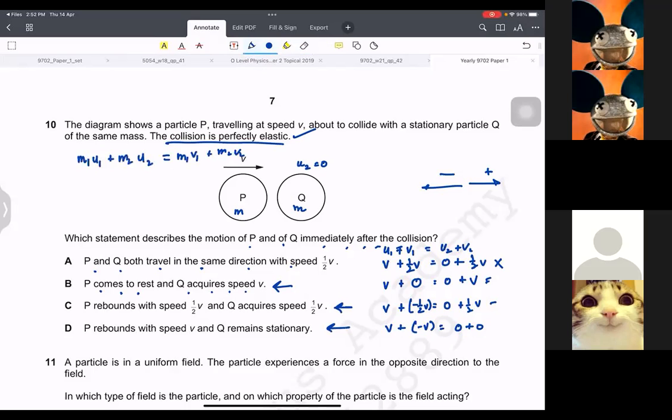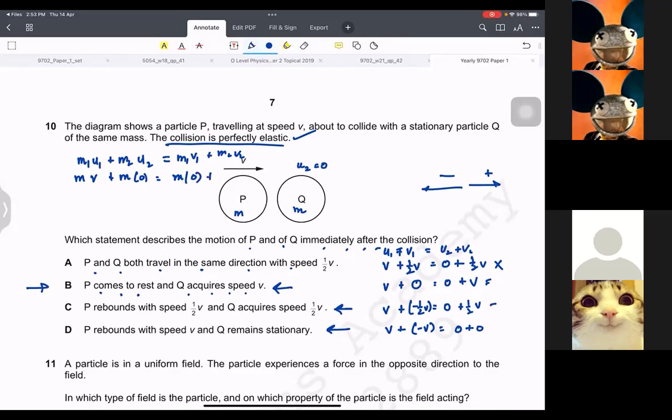So this was m, this was v, this was m, and this was 0. Afterwards, in this part, P comes to rest, and Q acquires V. So what do you get? mv equals mv. I know for sure that this is the right answer.